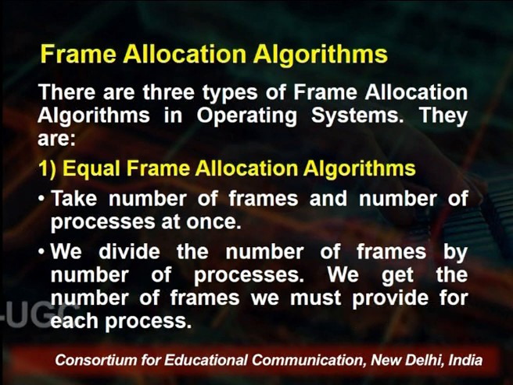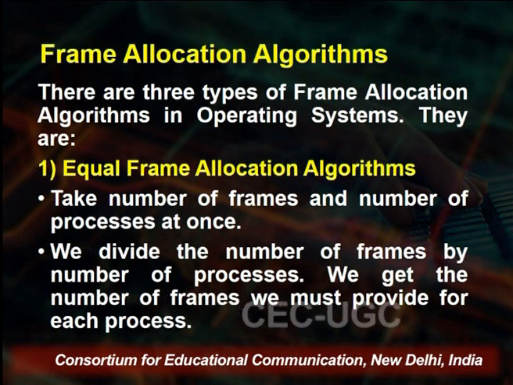And there are 3 types of these frame allocation algorithms in operating system. First is the equal frame allocation algorithm. As the name indicates, we take the number of frames and the number of processes. Let us say x number of frames and n number of processes.